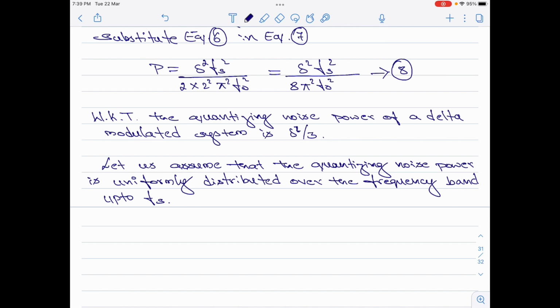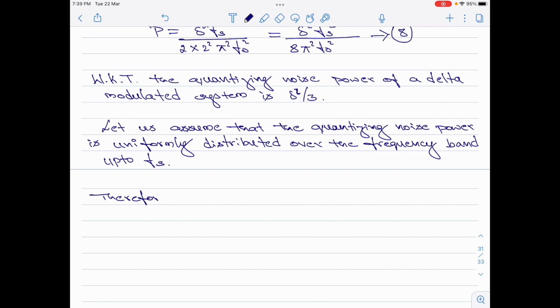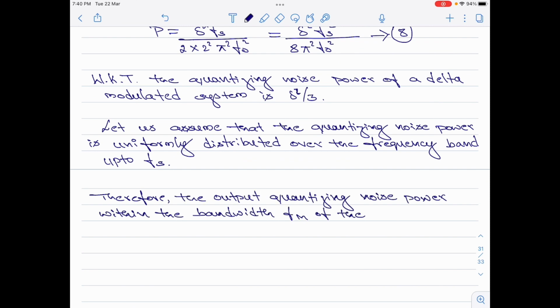Therefore, the output quantizing noise power within the bandwidth Fm of the low pass filter at the receiver can be given as, represented as NQ, equal to delta square divided by 3 multiplied by Fm divided by Fs. So, this equals delta square Fm divided by 3 Fs. Let me call this equation 9.